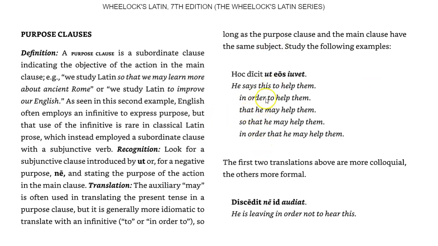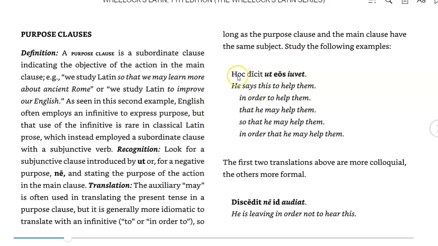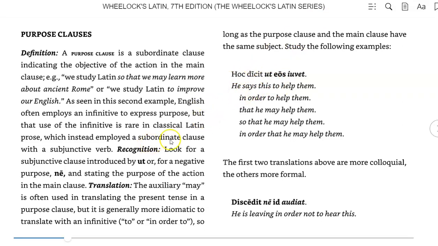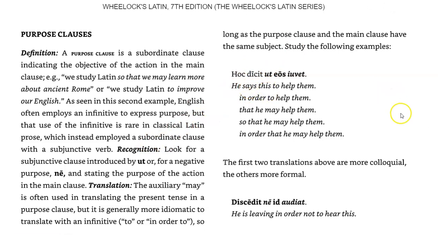In short, the preposition "to," or "in order to," or "so that," in my experience, are the three ways to translate that you need to keep in mind, because we do need an idiomatic translation. But again, this is all clearly spelled out in the chapter.